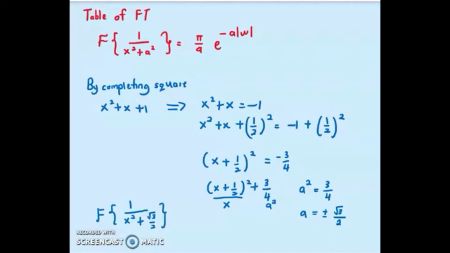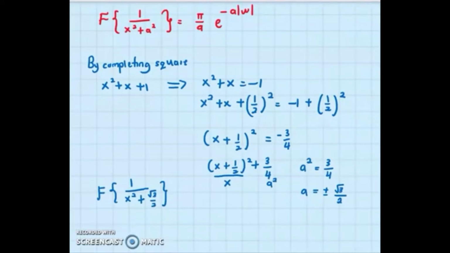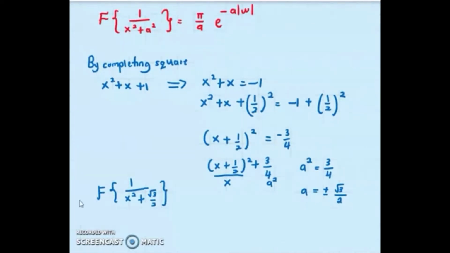Okay, so by the definition, what we should get, using this definition now, we have pi over square root 3 over 2 e to the negative square root 3 over 2 omega.